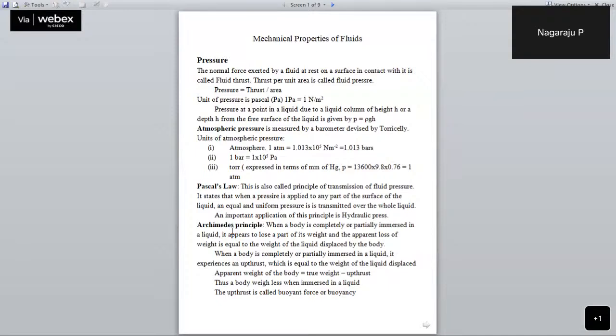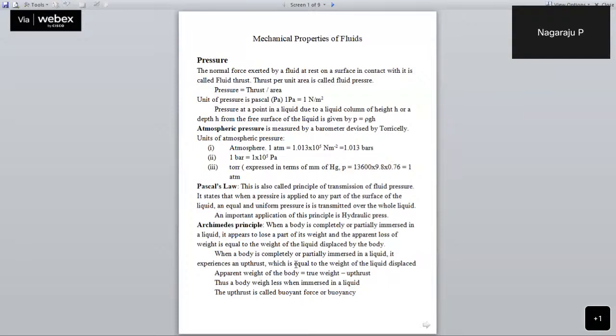You can take some glass and some stone. If it is a regular one, better, otherwise also no problem. Once you tie that stone with a thread and put it in a beaker, in the sense a glass of water, you see that the water level rises, and that means the apparent loss of its weight is actually equal to the weight of the liquid displaced by it.